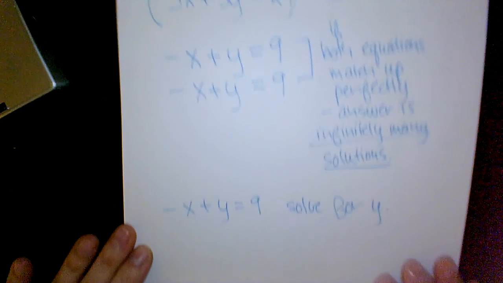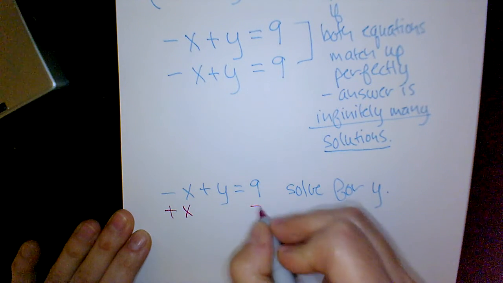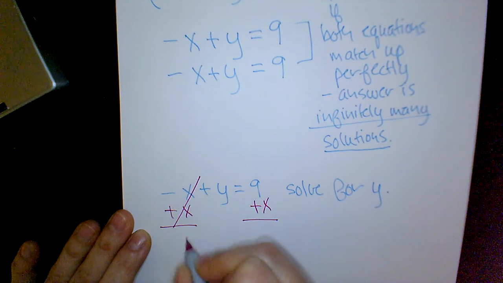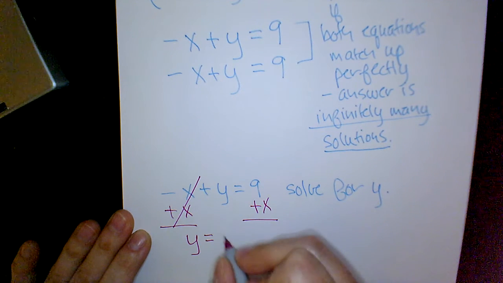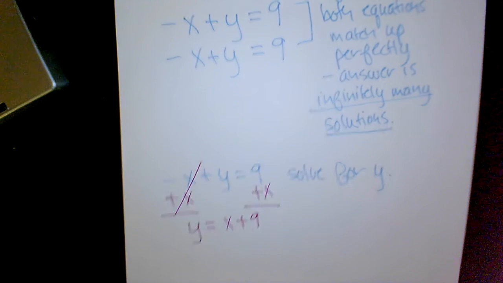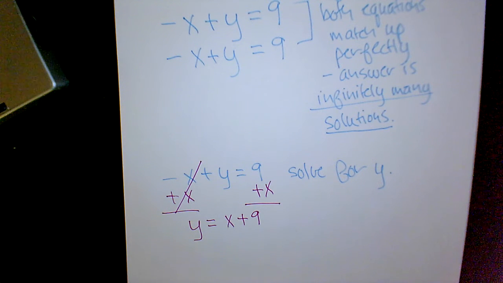So I'm going to add x to both sides. And I'm going to bring the x up front. I can't put the 9 and the x together. They are numbers and letters, so I just tack them on. I join them with a plus, so y equals x plus 9.